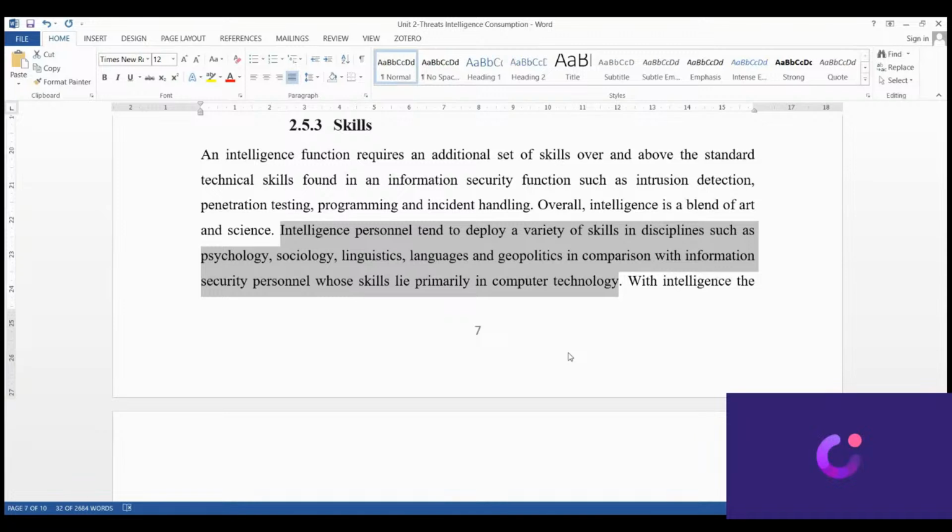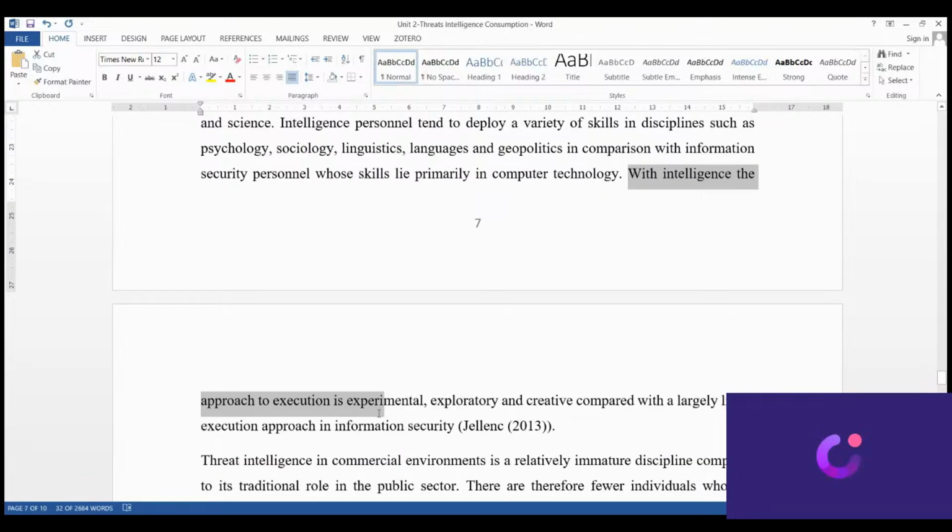They should also be able to understand the language, and that will help them come up with the best way to gather the intelligence information that they require, unlike the security personnel who only understand the aspect of computer technology. So with intelligence, the approach to execution is experimental.